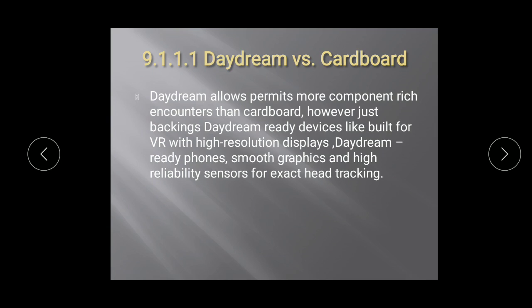So the phone should be compatible with Daydream, then only you will be able to access this. Daydream standalone HMDs, which are built by the original manufacturer, are also supported. Why do you require to run that particular platform on your phone? It should be readily accessible.